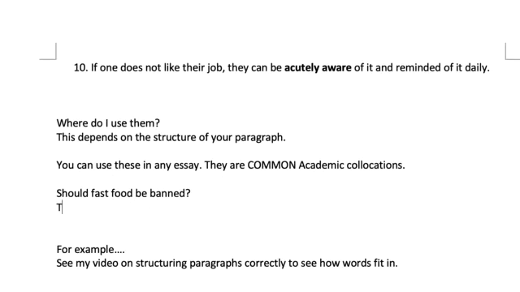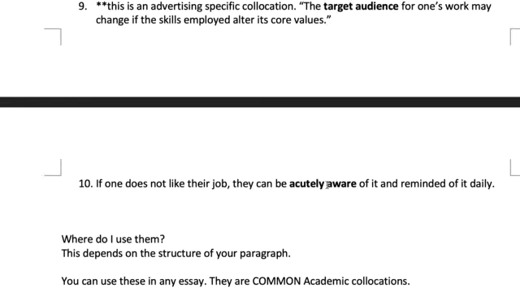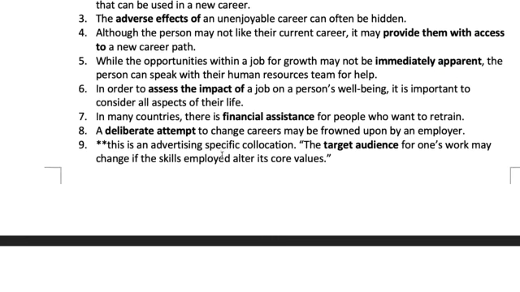So the adverse effects of fast food are apparent. Many studies have shown that. Okay, I don't know what I want to write next. Acutely aware we can use.